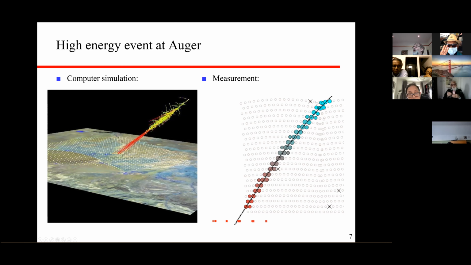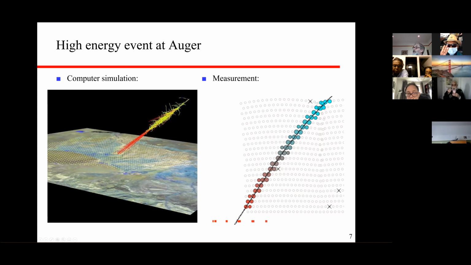And this is a picture of an actual measurement. So these dots here are the measurements in the fluorescence detectors, those telescopes that look at the fluorescence light produced in the atmosphere. And when the particles reach the ground, they produce signals in the surface detectors, which are indicated by these red blobs here.